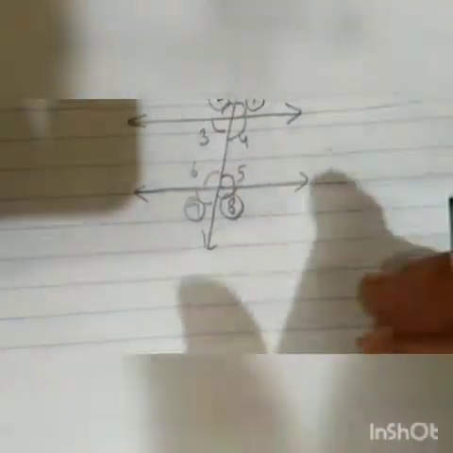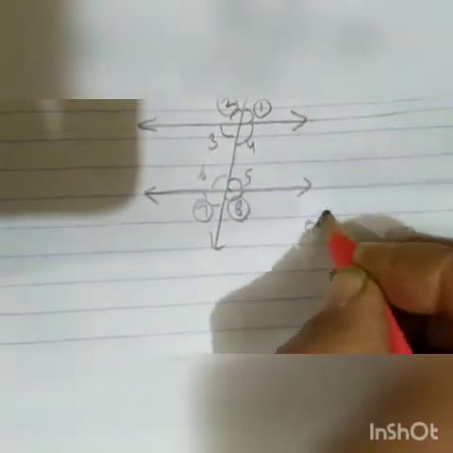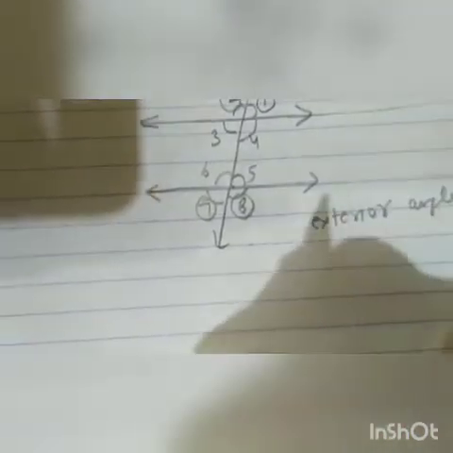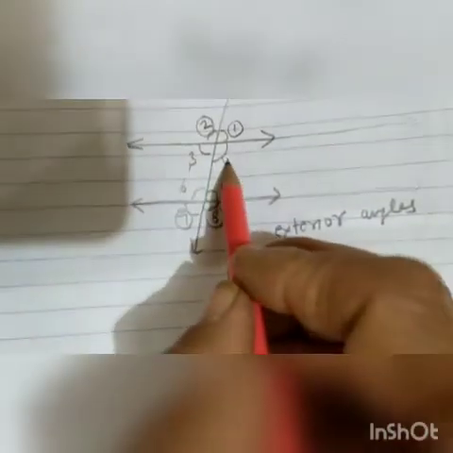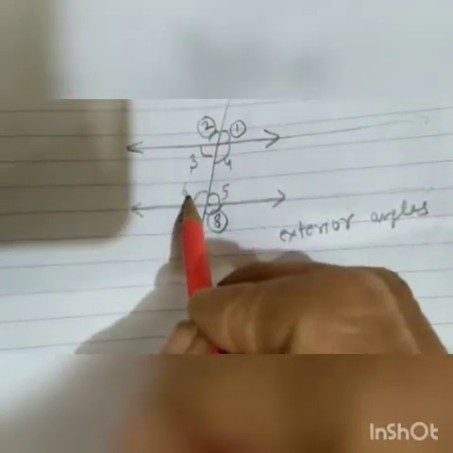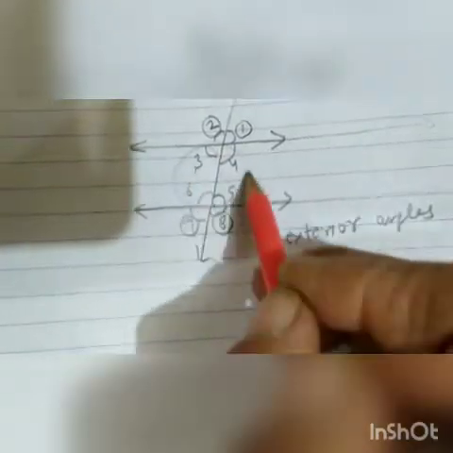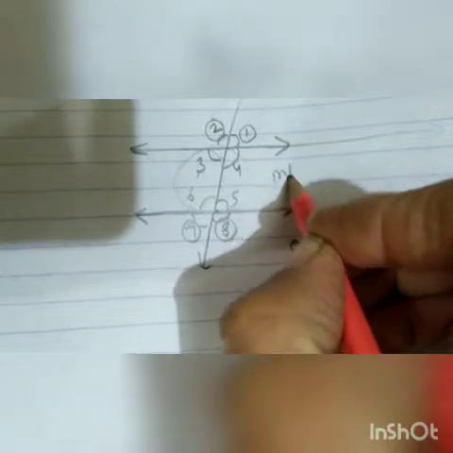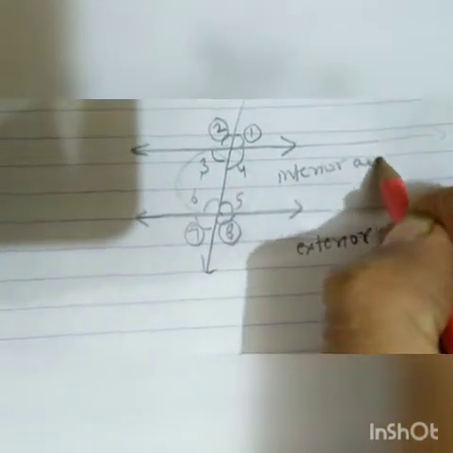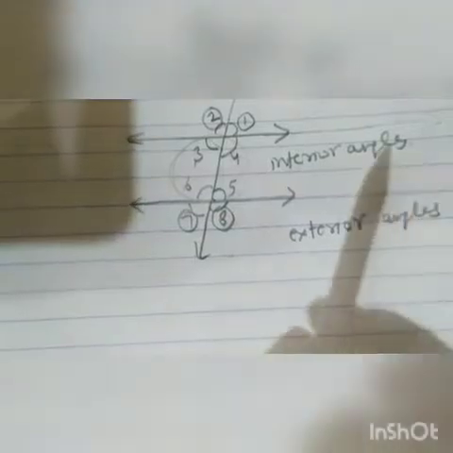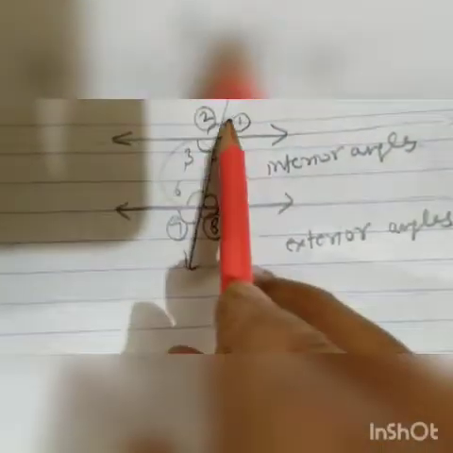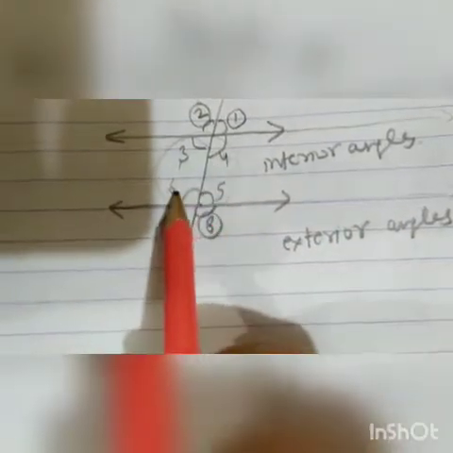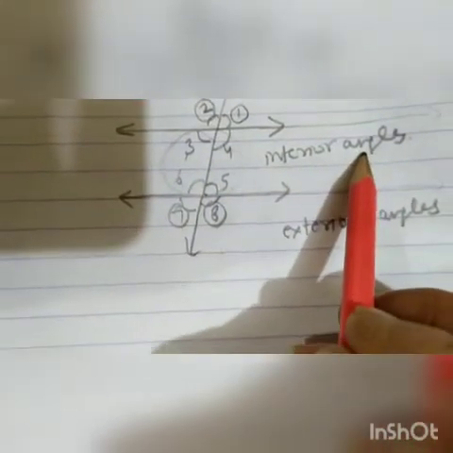Angle 1, angle 2, angle 7 and 8 are known as exterior angles. Angle 3 and 4, 5 and 6 are formed inside. So these angles 3, 4, 5, 6 are known as interior angles.